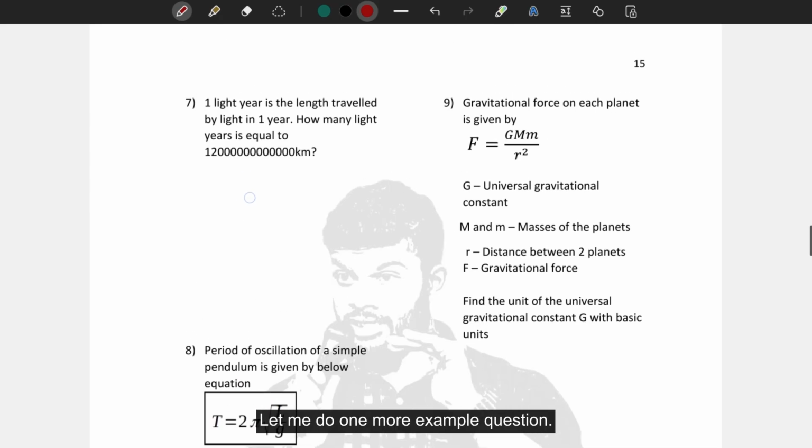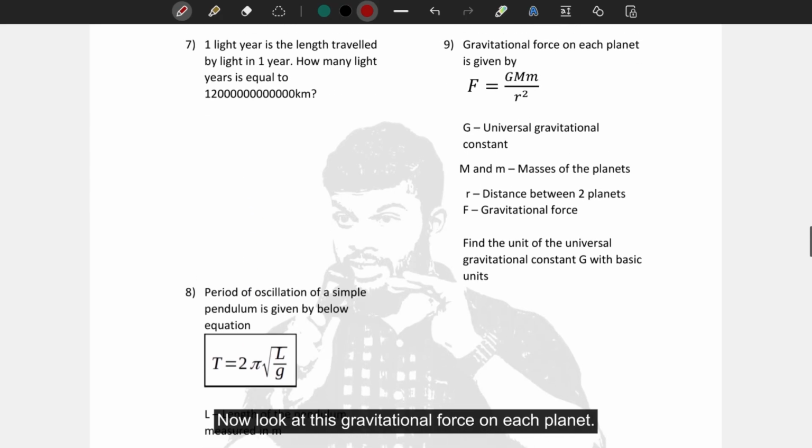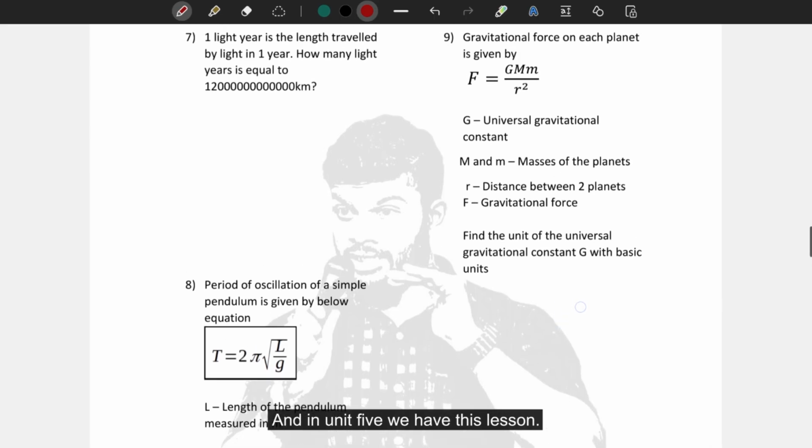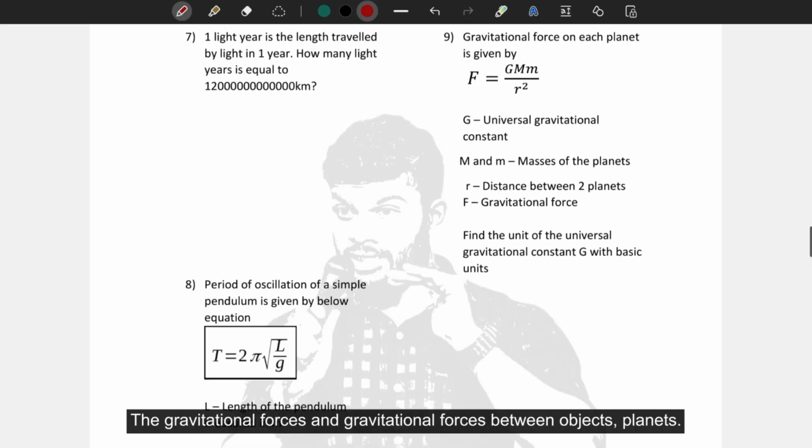Right. Let me do one more example question. Now look at this. Gravitational force on each planet. You will encounter this later on. In unit 5 we have this lesson, the gravitational forces between objects, planets.